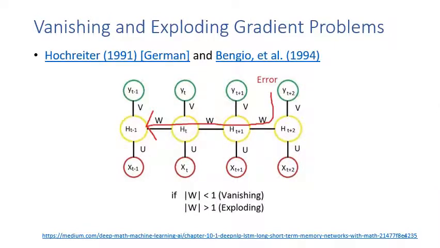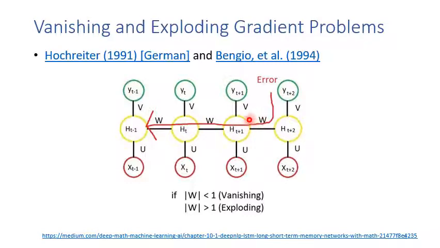Although recurrent neural networks usually only have one neuron, they also suffer from the vanishing and exploding gradient problems like deep neural networks. This is because the recurrent neural network needs to process time series data, right?